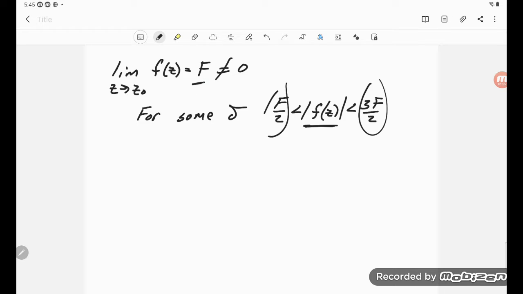And intuitively that makes sense: if I get close enough to the limit, this function should have a value pretty close to that value. So we're just trying to say we can put it in between those two things.